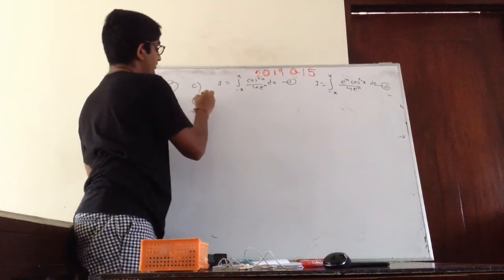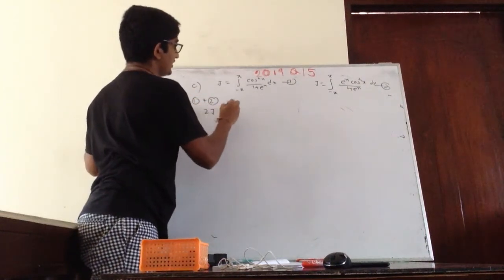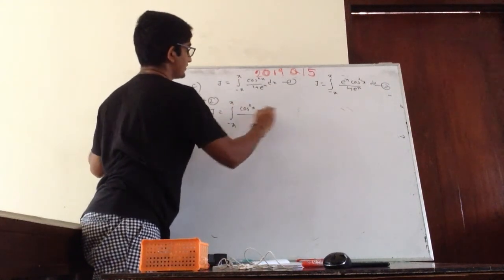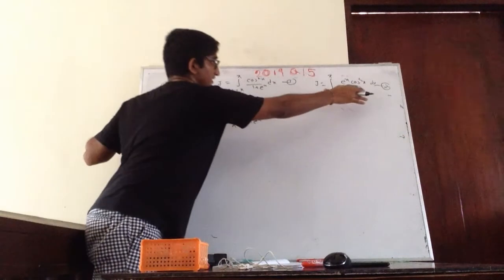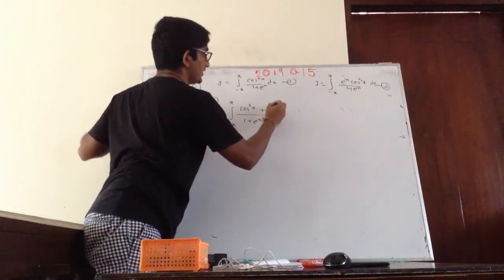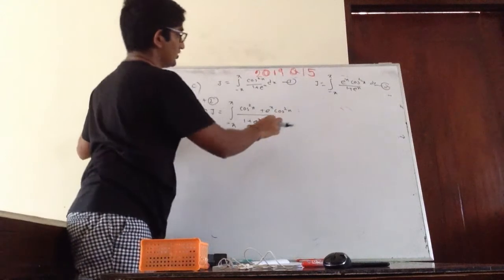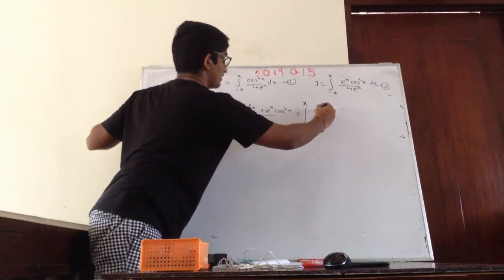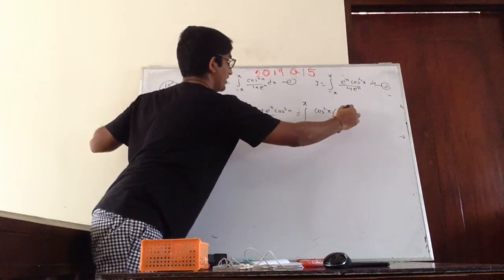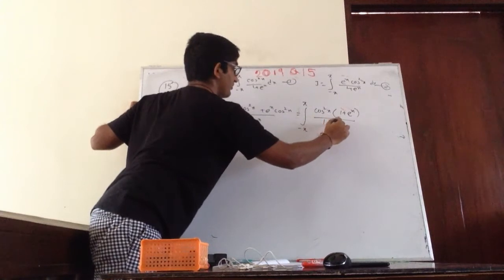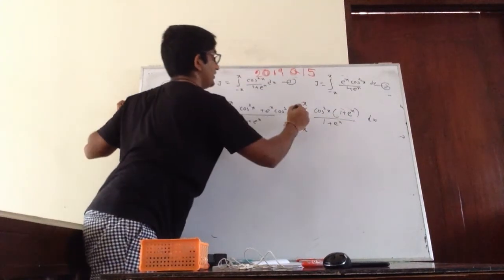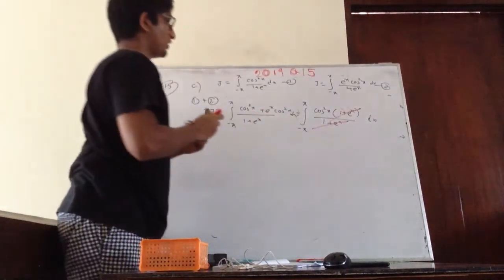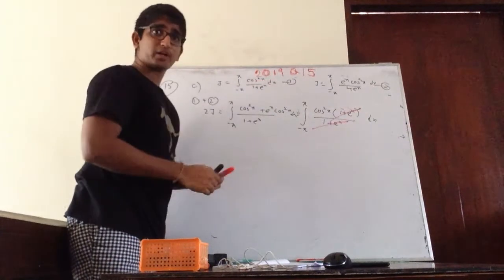So if I add 1 and 2, I'll get 2J equals the integral from minus 5 to 5 of cos squared x over 1 plus e to the x plus e to the x cos squared x over 1 plus e to the x. Now I take cos squared x out, and I get 1 plus e to the x, and I have 1 plus e to the x here as well. So I'm going to cut this off, and I am remaining with cos squared x dx.